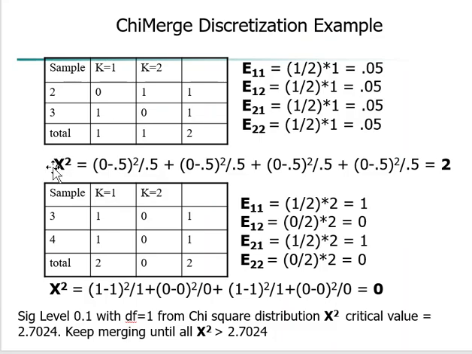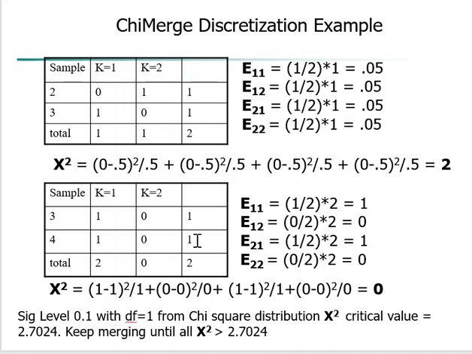So remember how we compute chi-square. For this contingency table, we found chi-square equals 2. For this contingency table, we found chi-square is 0. So those chi-square values being small means that they are not correlated.